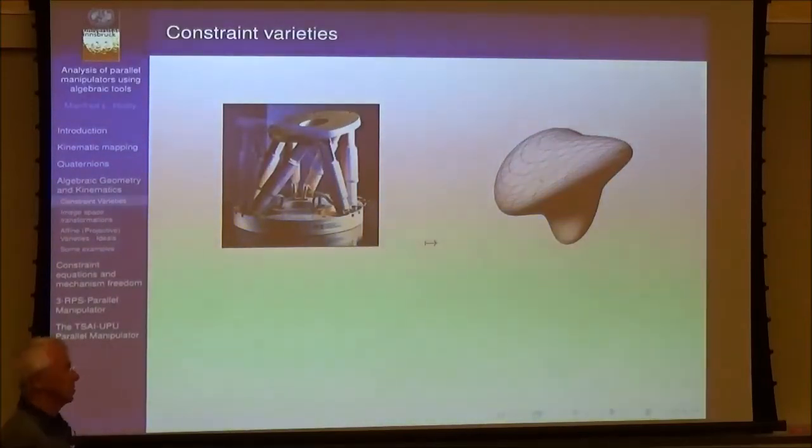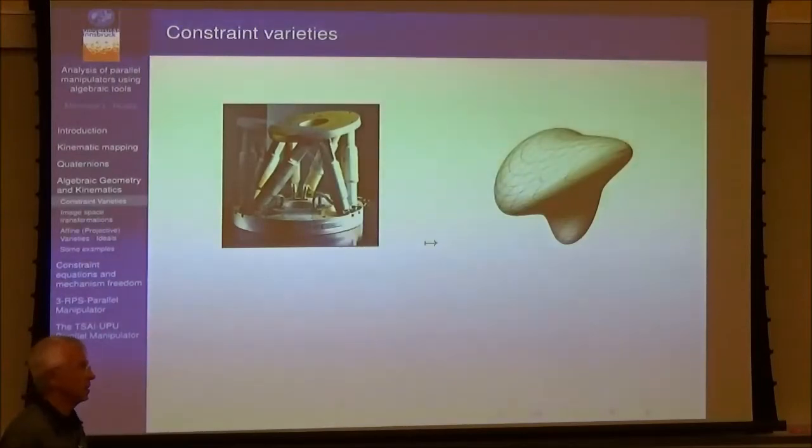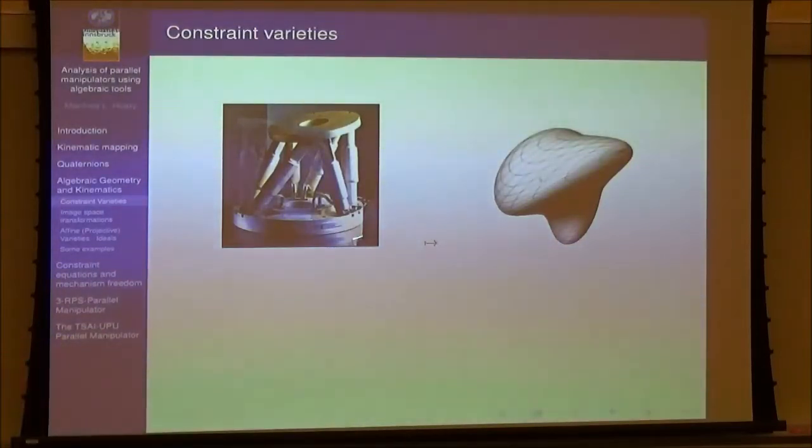The kinematic questions could be the so-called forward kinematics, saying, given the design of this manipulator, given the input parameters, and the input parameters in this case are the lengths of these legs, tell me what are the possible assemblies of this manipulator.